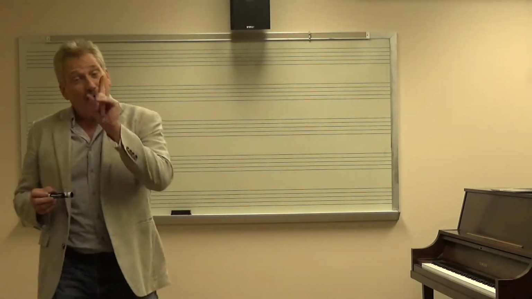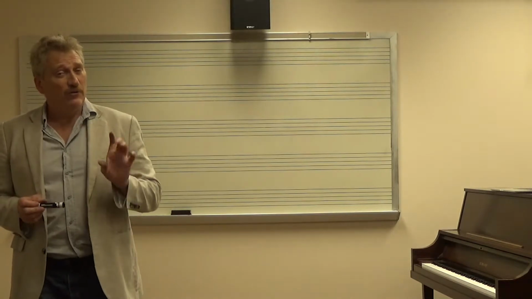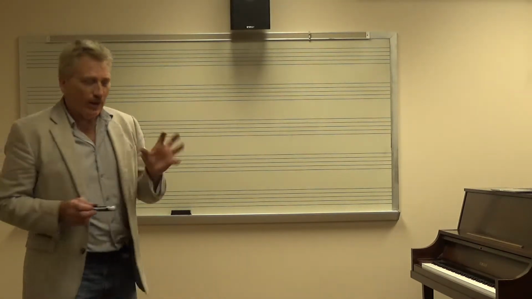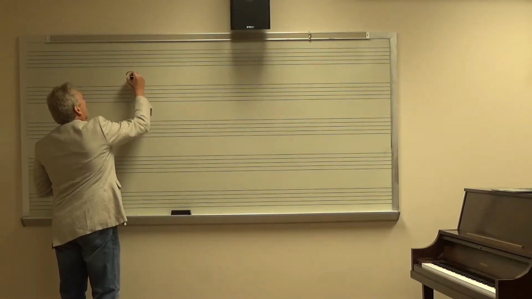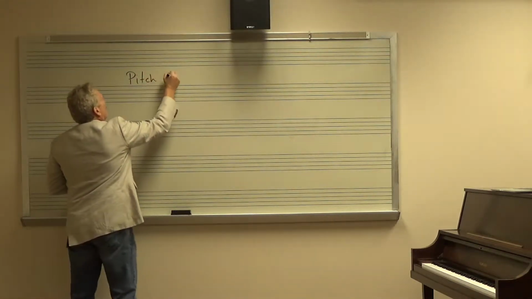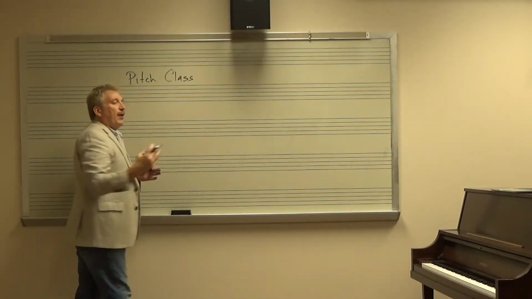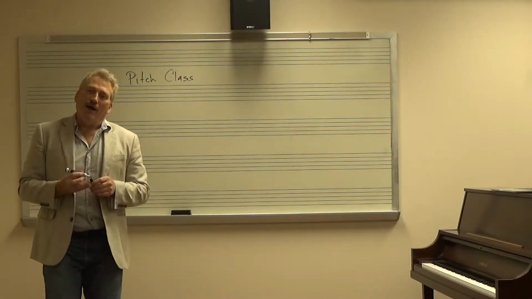Now, in our theory, we say that this A and that A are not exactly the same thing, but they're pretty close. They're related. They are bunched together. They are grouped to give them the same designation. And we use a word in theory called pitch class to indicate all the possible letter names of that particular value.